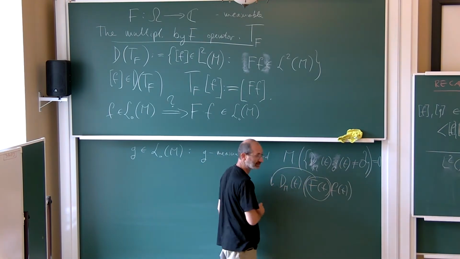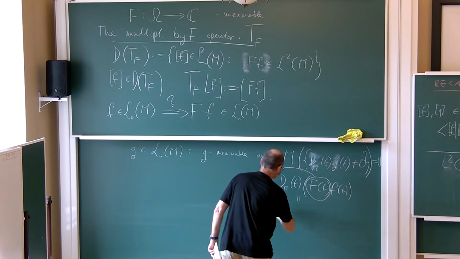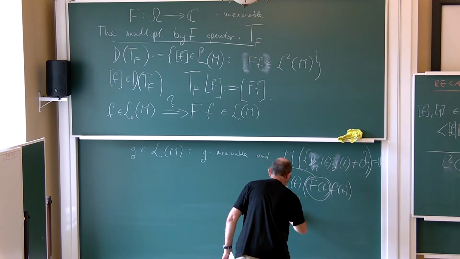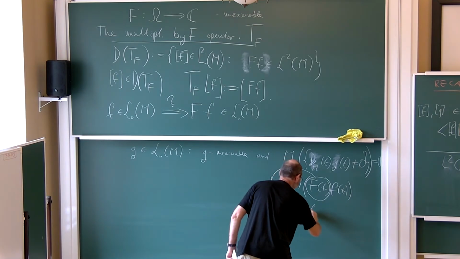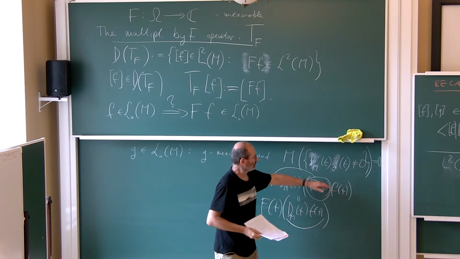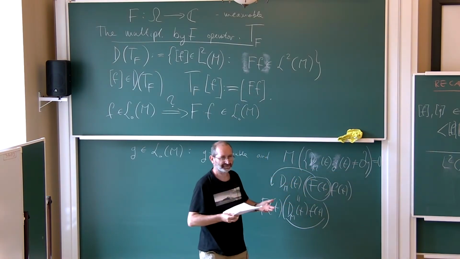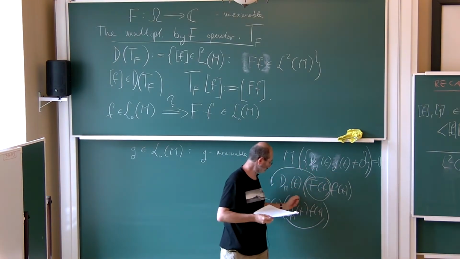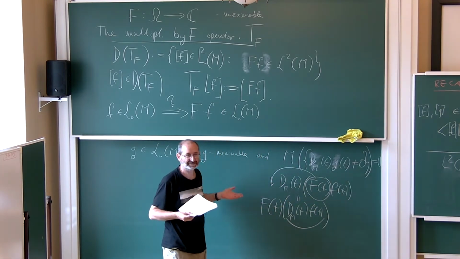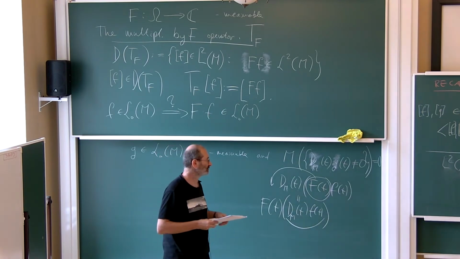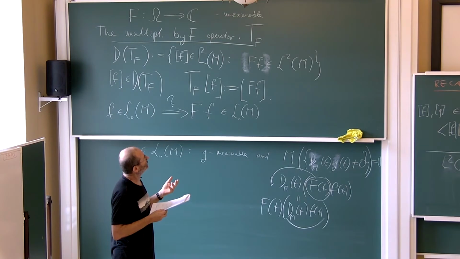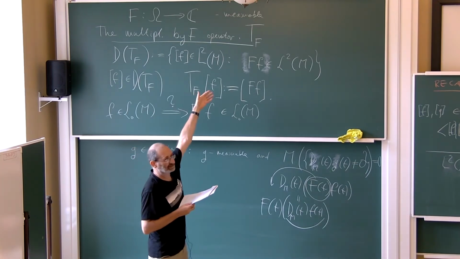So we can take it like this, and this is just f of t, dm of t, f of t. So for almost all t, it was 0. So it will be also 0. So it's true.